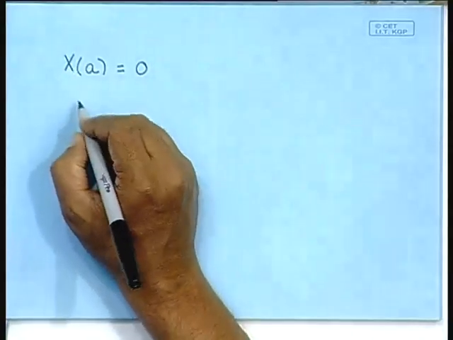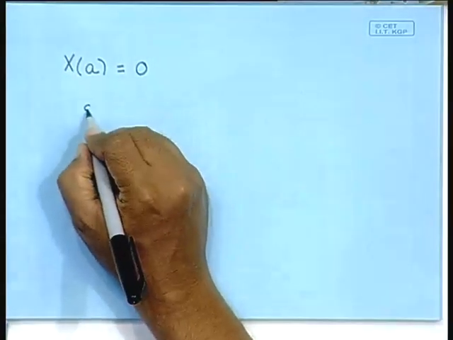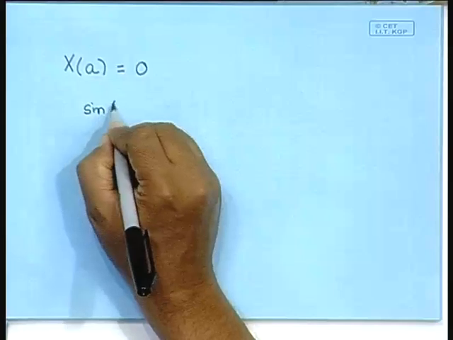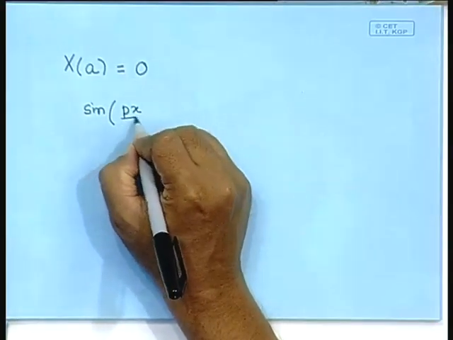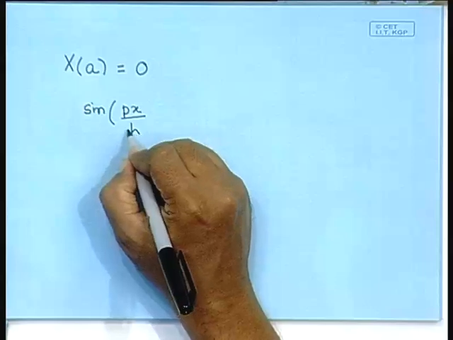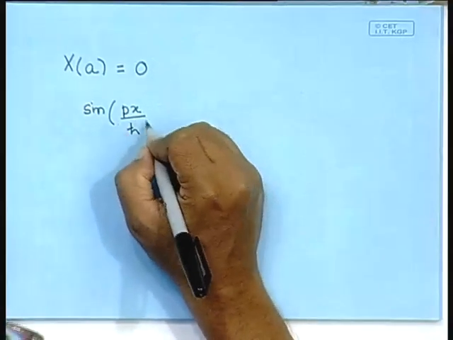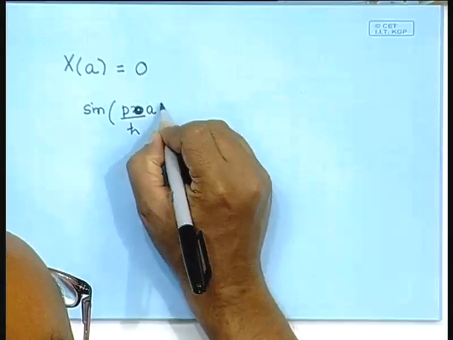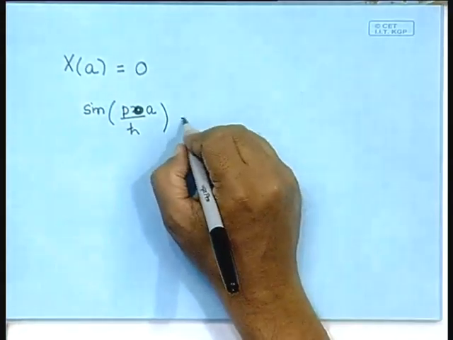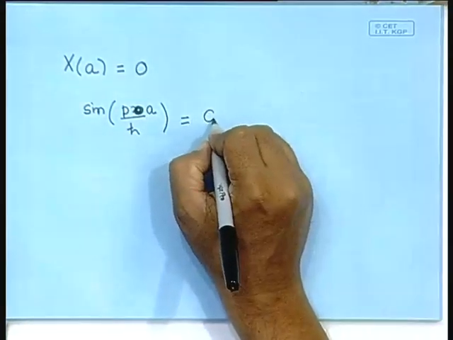So, this boundary condition tells us that sine pa by h cross, at x equal to a, has to vanish.